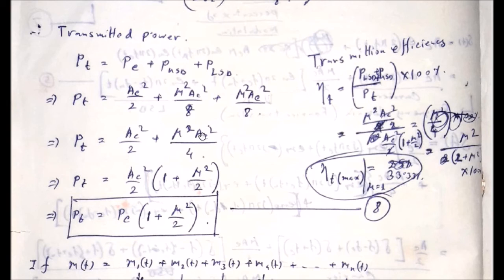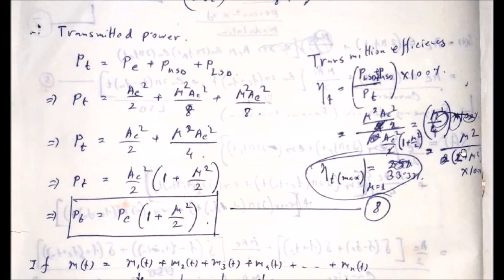For P_LSB, you can put mu square A_C square by 8, and here also mu square A_C square by 8, it will obtain mu square A_C square by 4, and in place of P_T you are putting P_C in bracket 1 plus mu square by 2 here. Okay, after simplifying, you will obtain mu square by 2 plus mu square multiplied by 100 in percentage. Okay, so it is an analytical expression for the transmission efficiency.